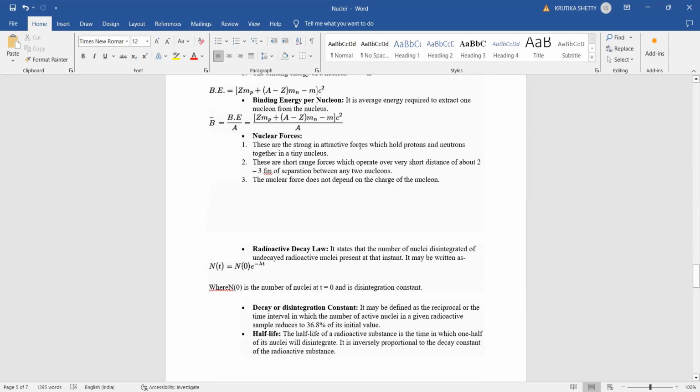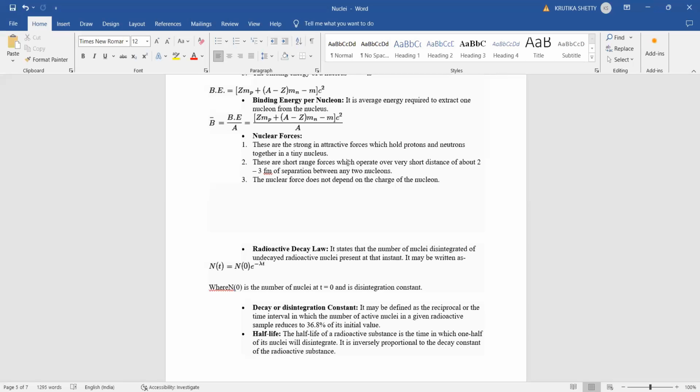First is gravitational force, electromagnetic force, then the weak nuclear force and the strong nuclear force. Strong nuclear force is the force within the nucleus to hold the protons and the neutrons. The force that holds the protons and neutrons, we call the nuclear force.